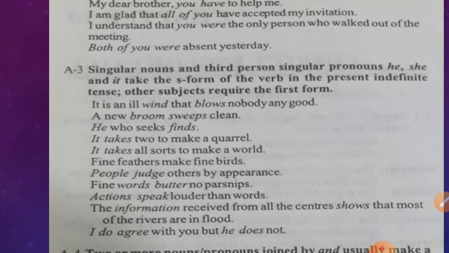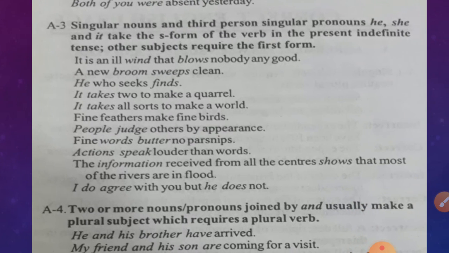We are not talking about the centers, but actually we are going to deliver our report regarding the information received from all the centers. So information is what? That is in a singular form. I do agree with you, but he does not. Again, along with I, we put do.